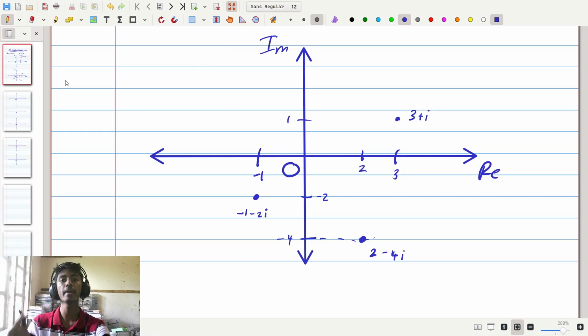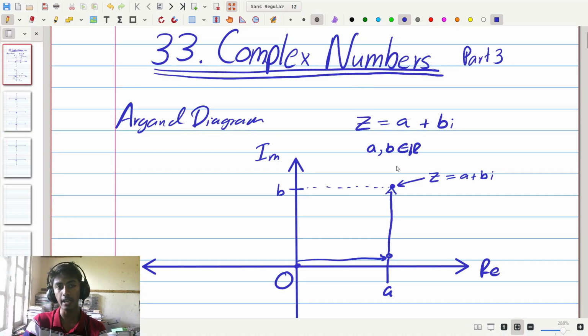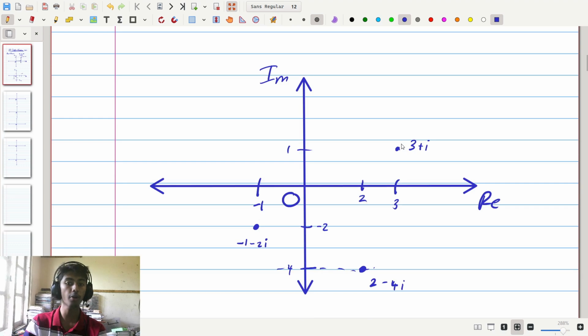These make 4 different quadrants in this plane. So in any Argand diagram, you will have 4 quadrants, similar to the xy plane, and they are this quadrant right here, this quadrant, and this quadrant.